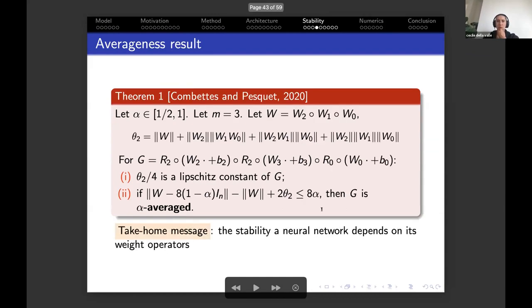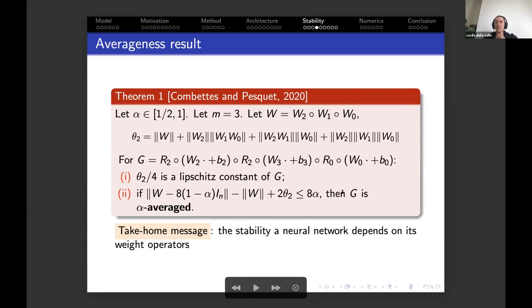For a 3-block neural network, or 3-layer neural network, the computation is a bit more difficult, but I still can exhibit a Lipschitz constant and a condition for alpha-averagedness.